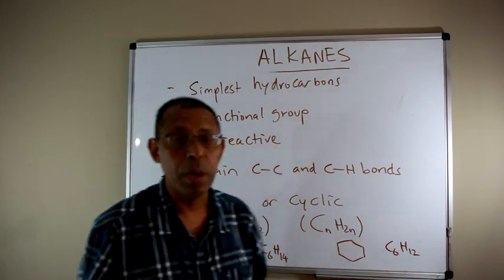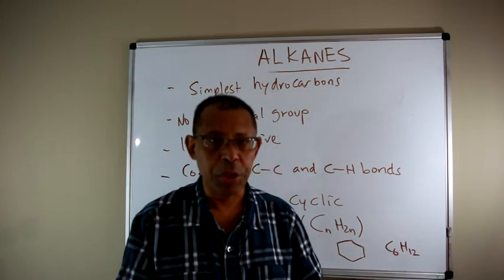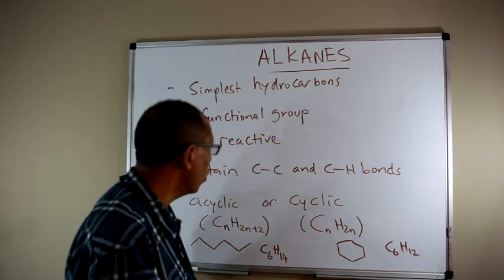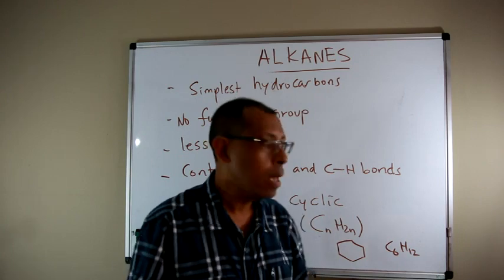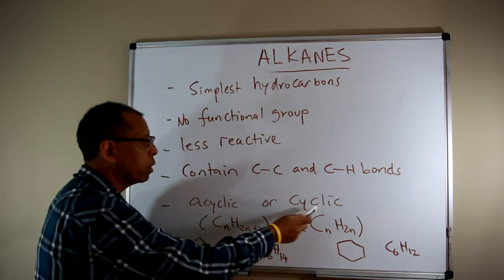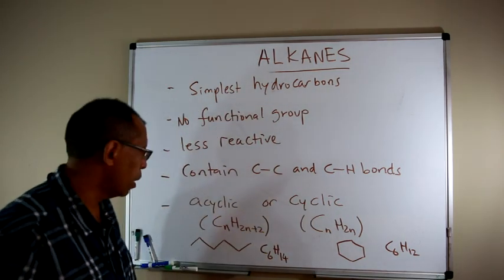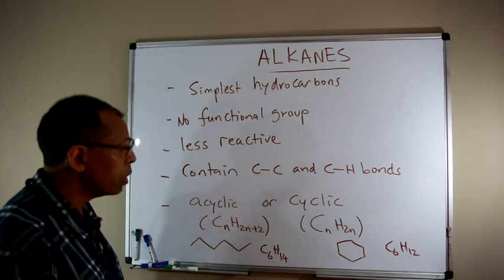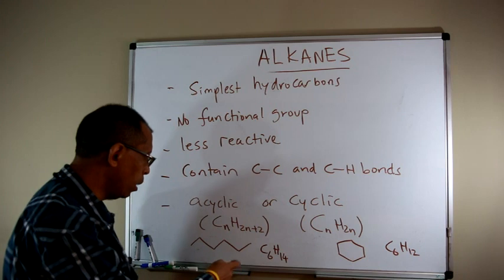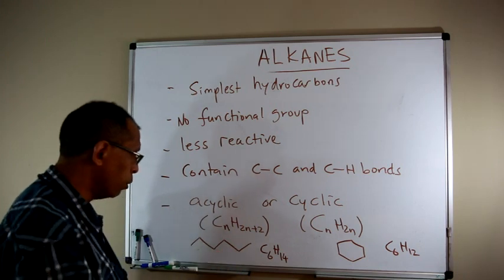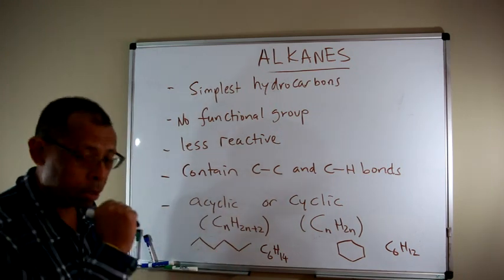They can be found as a chain or also a cyclic form. So they could be acyclic, or they could be also cyclic compounds. So based on what I just described, they only contain carbon-hydrogen bonds.